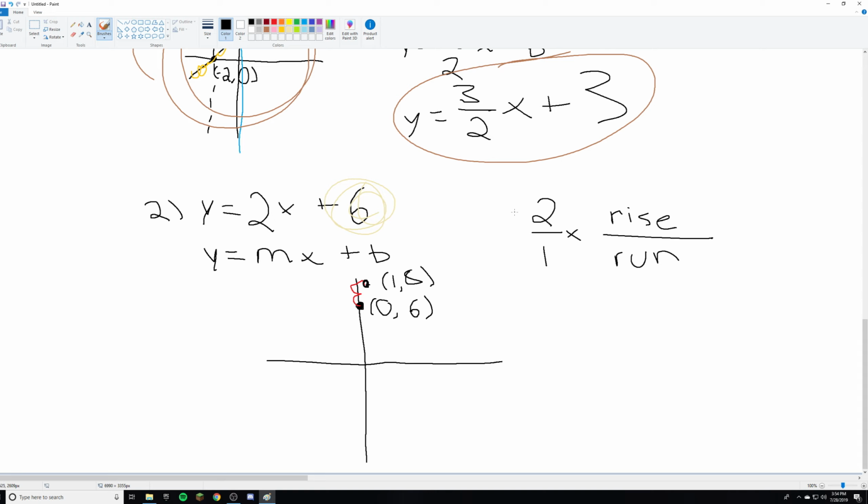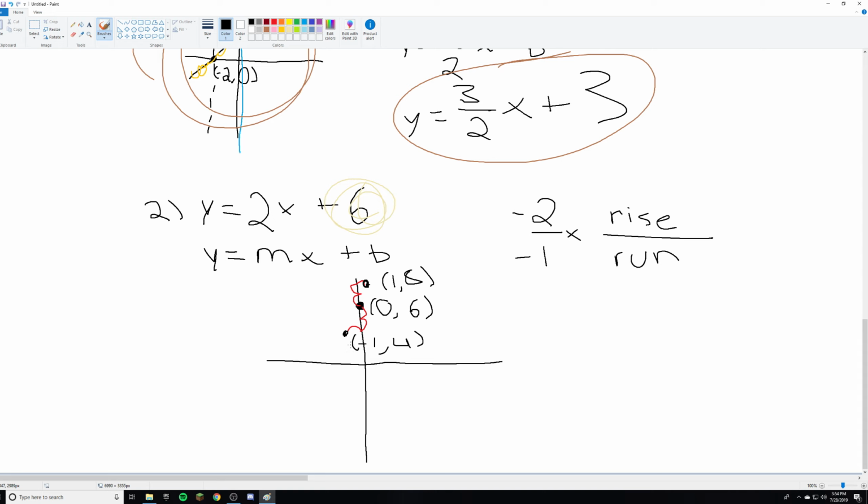So from here we can also, if we turn both of them negative, move in the other direction. It can go down 2 to the left 1, making the point negative 1, 4.